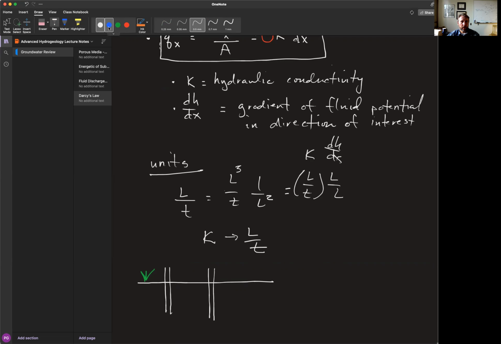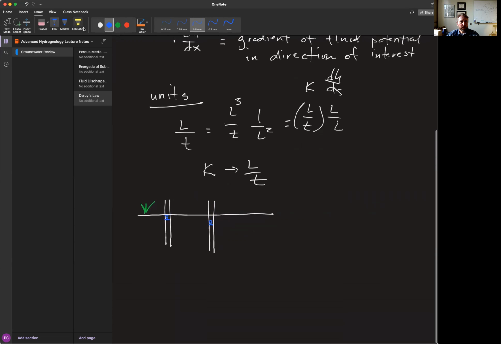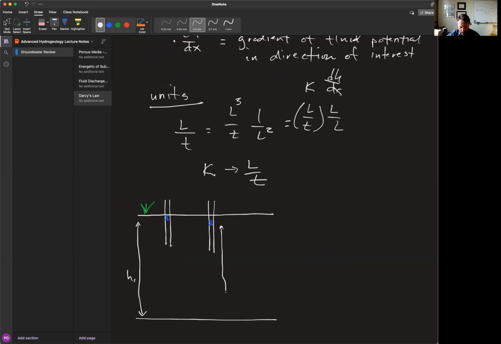And the water level here above a datum is given by H1, H2, and let's have this be X.